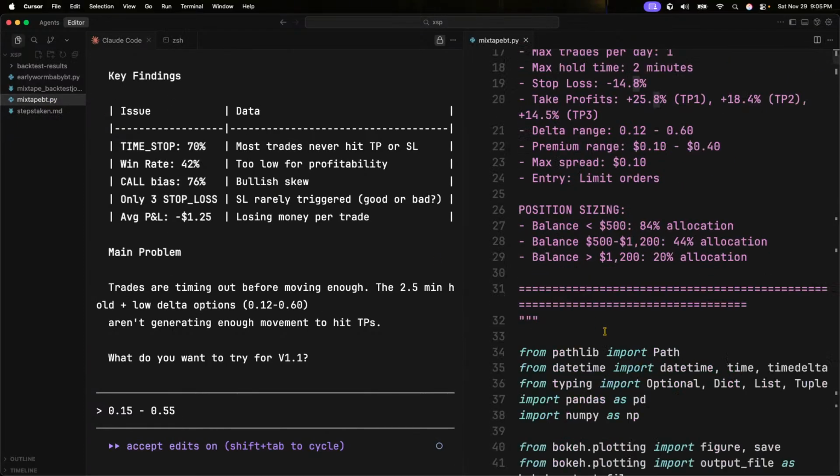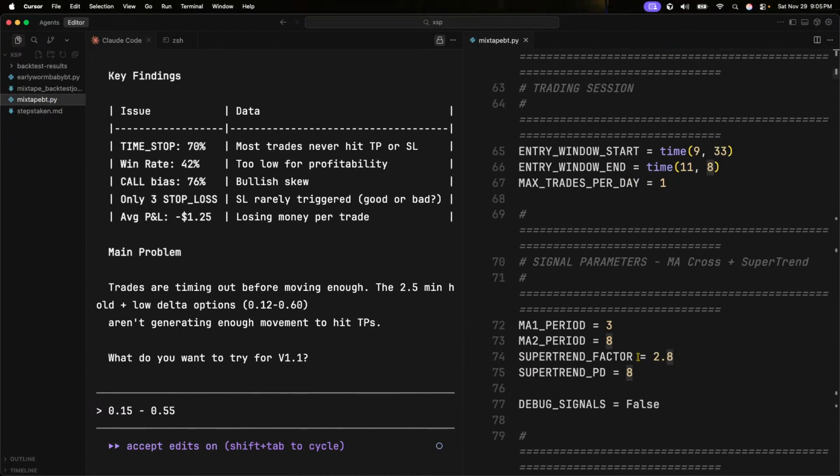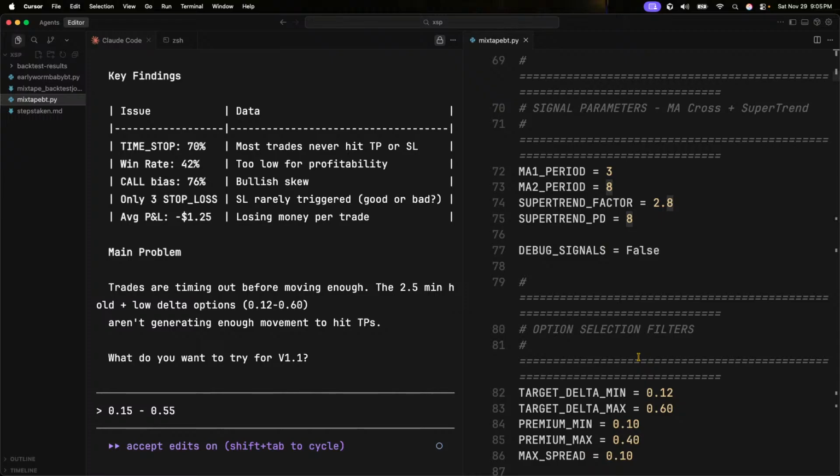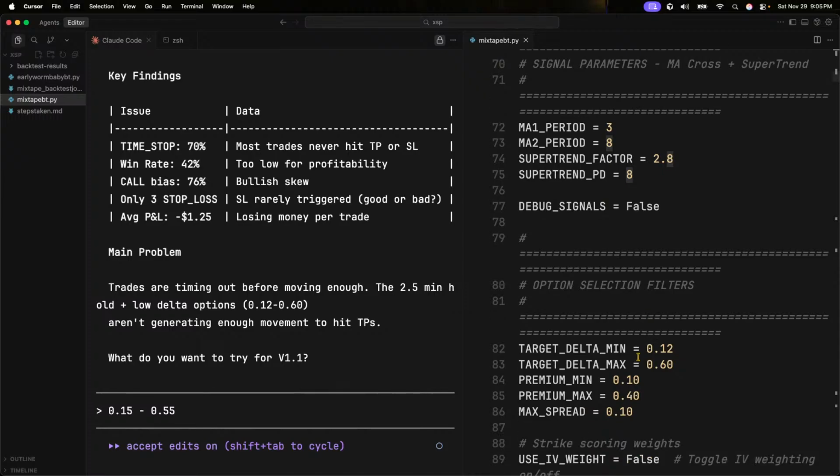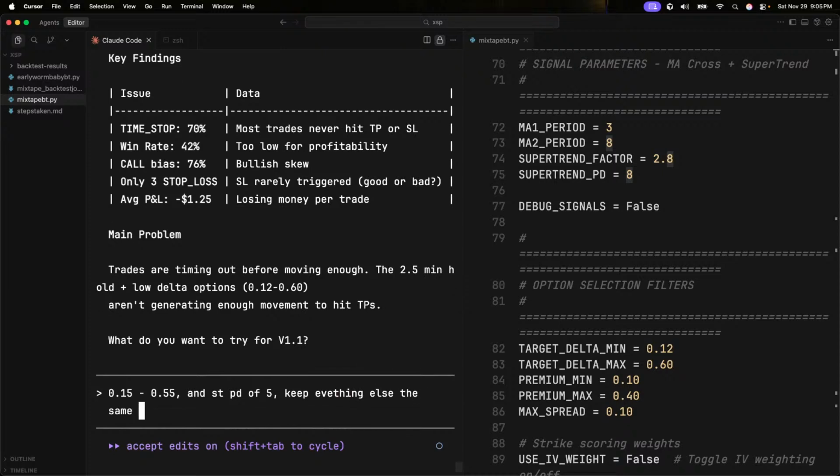And what I also want to try, I only want to do 2 things maximum. Let's try a super trend of 5 instead of 8 minutes. Instead of 8, let's do 5. Okay. And STPD of 5. Keep everything else the same.